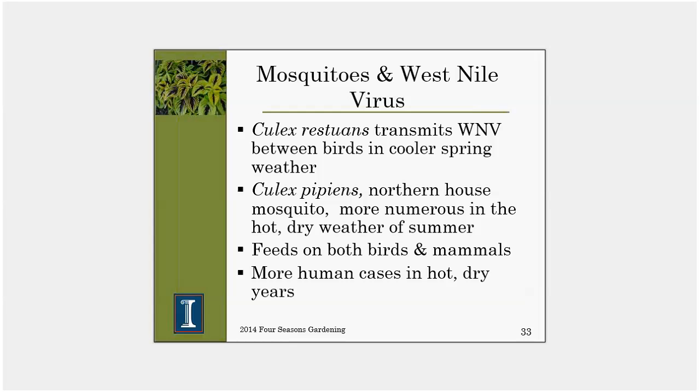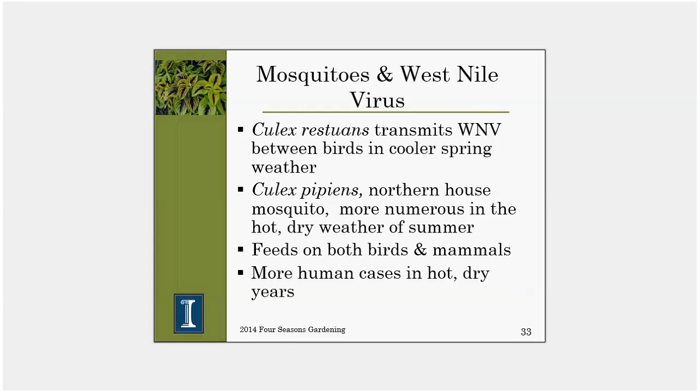And although we have Culex pipiens, northern house mosquito, carrying West Nile virus, we get very little transmission in September and October because we've been convinced by our school districts and by television that it's not a good time to be outside, so we stay inside even though it's nice weather. So not very much in the way of transmission then, because we're inside in the evening. And so we get more human cases in hot, dry years.